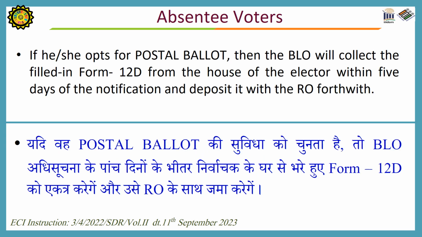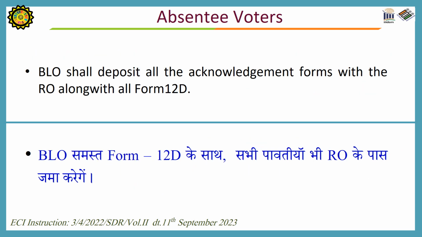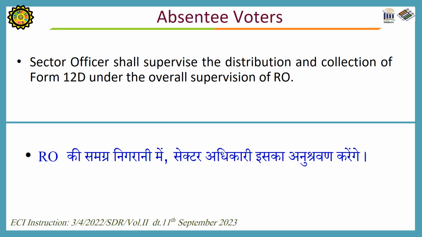If the elector opts for postal ballot, then the BLO will collect the filled-in Form 12D from the houses of the elector within 5 days of the notification and deposit it with the returning officer. BLO shall deposit all the acknowledgement forms with the RO along with all Form 12D. Sector officers shall supervise the distribution and collection of Form 12D under the overall supervision of returning officer.